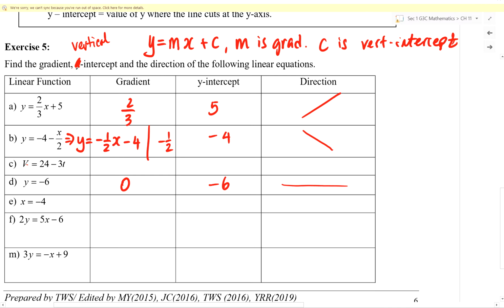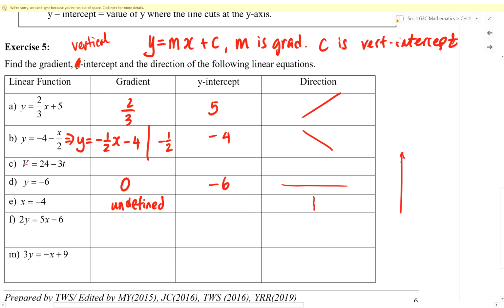Next one, x equals negative 4 is a vertical line. So if it is a vertical line, our gradient is undefined. And the y-intercept, is there a y-intercept?